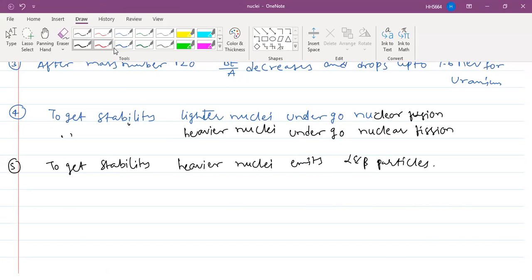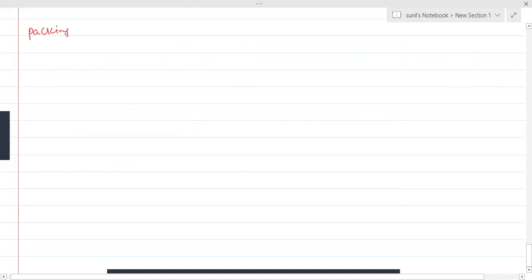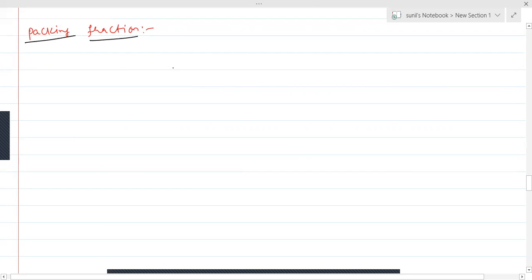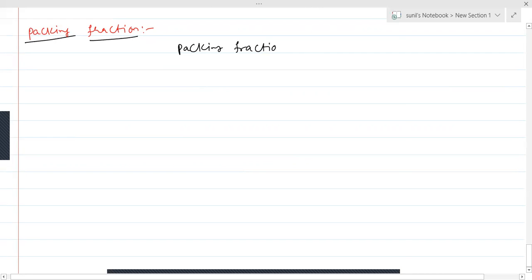So after this binding energy per nucleon graph, we will see packing fraction. Packing fraction can be symbolized as small f, which is equivalent to mass defect divided by mass number.